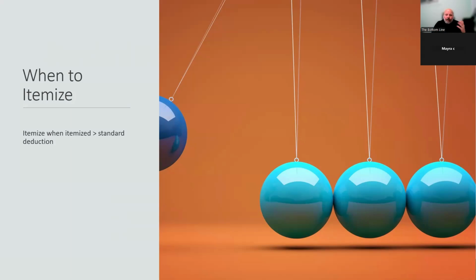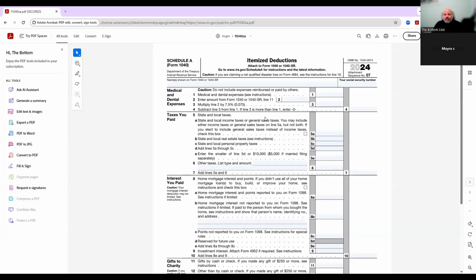And when do we itemize? We itemize when it's larger than our standard deduction. So we would take all of our itemizations. This is Schedule A, and it gets attached to your 1040. So this is going to list, and we're going to talk about all our itemized deductions.